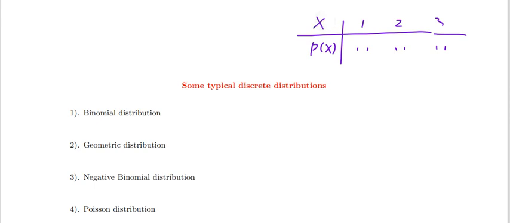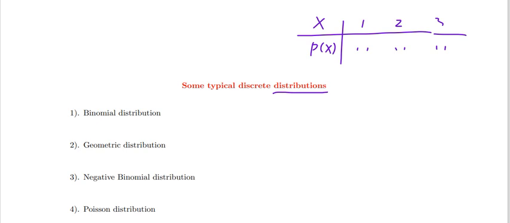We say x equal 1 means case 1 happens, x equal 2 means case 2 happens. So we call such a thing a distribution, and we say this is a discrete distribution, right? X can be 1, x can be 2.